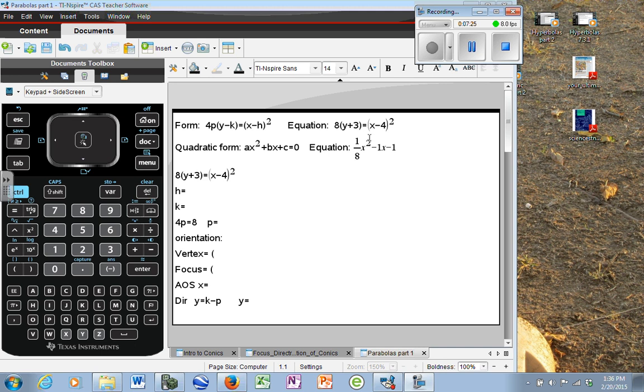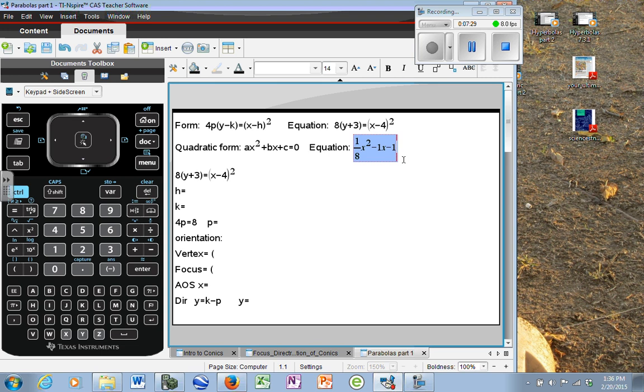Now you look at that equation there, and you see that there's nothing in this equation that tells me anything about the axis of symmetry. It doesn't tell me anything about the vertex, the focus, the directrix. It doesn't tell me anything about what this is going to look like. I have to graph it and check it out. So this form here is the boss. If we can get the equation in this form, we can pick out all the pieces.